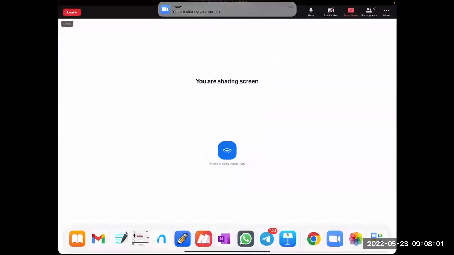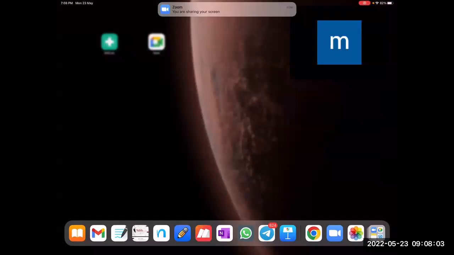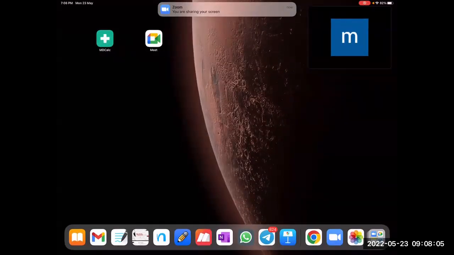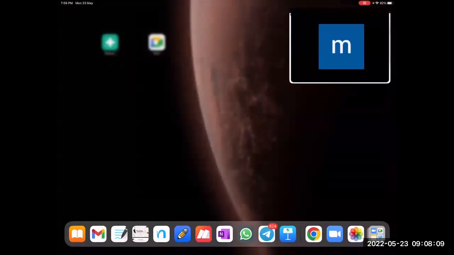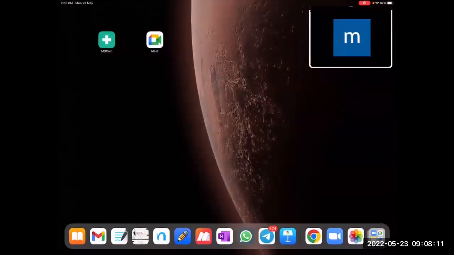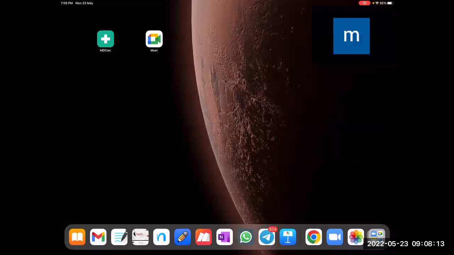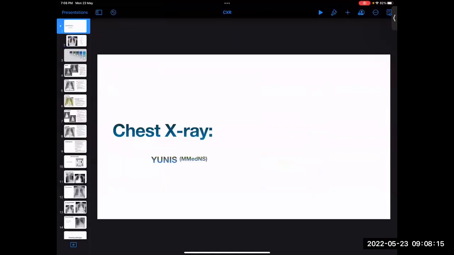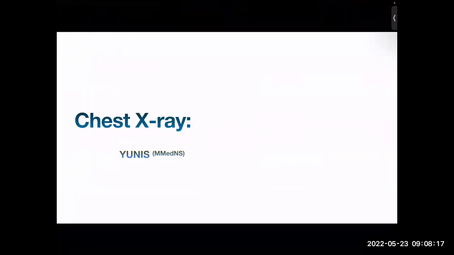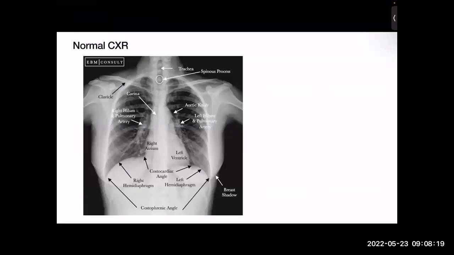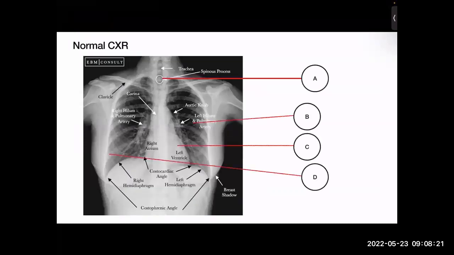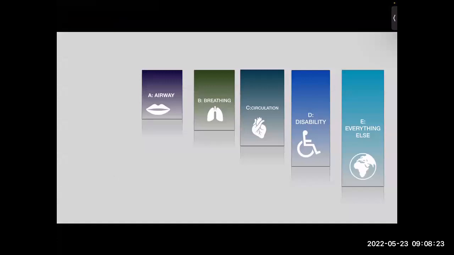You can now see my screen, yeah? Yes. Can you see the slides? Yes. Is it moving? Yes, it is. We're good to go.